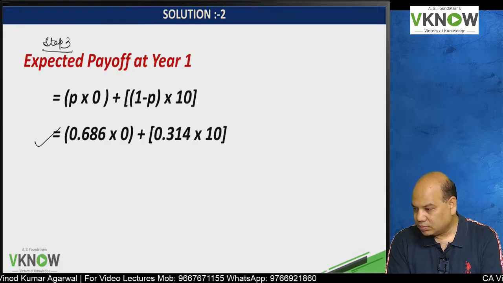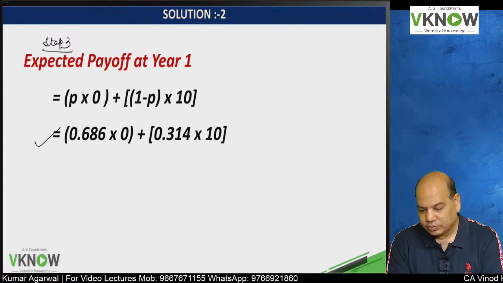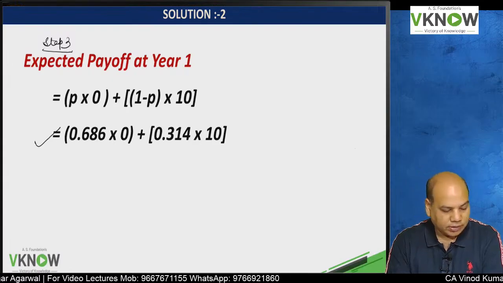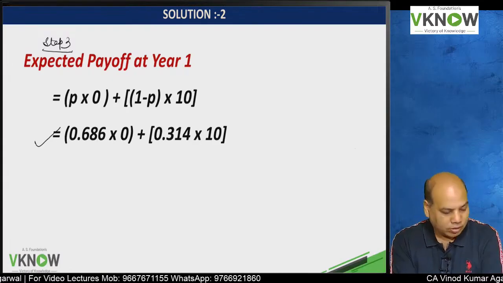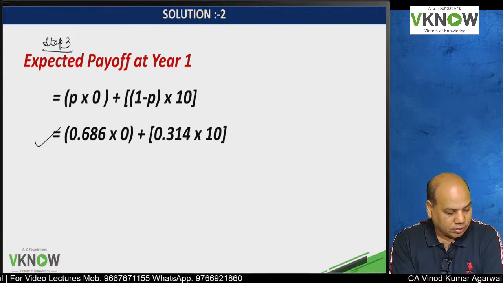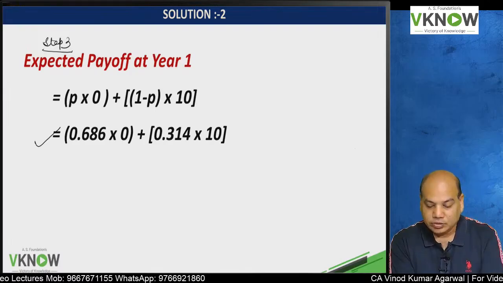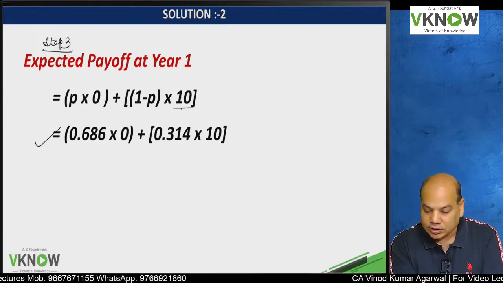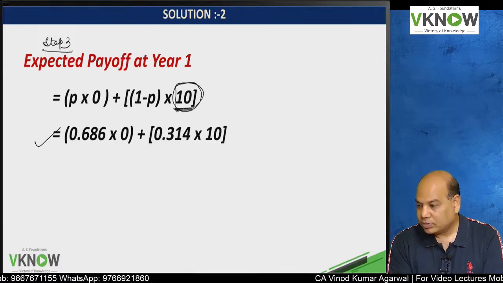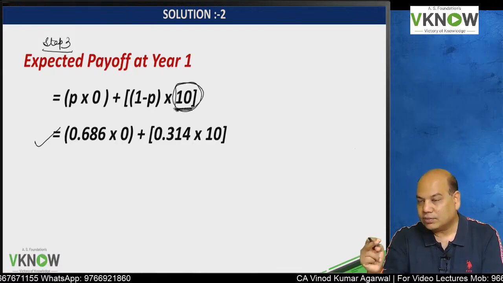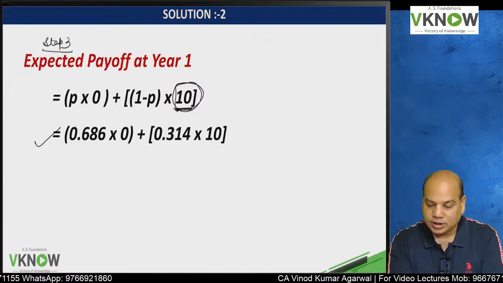Why have we not taken PV of 100 crore? We have to find the value of put option using this binomial model or risk neutral model. Therefore, we have considered that 100 indirectly in this calculation. We have to first see what is the value of put option on expiry.